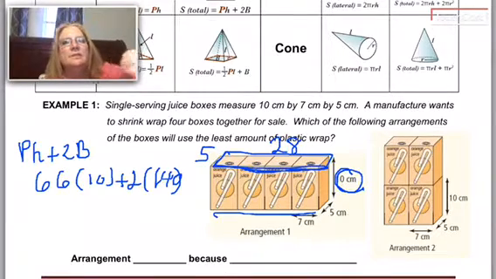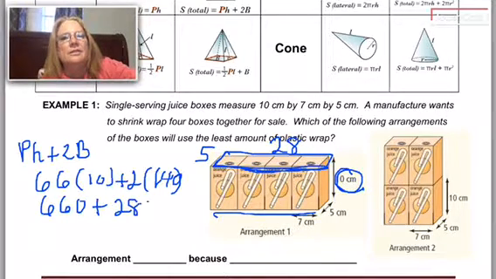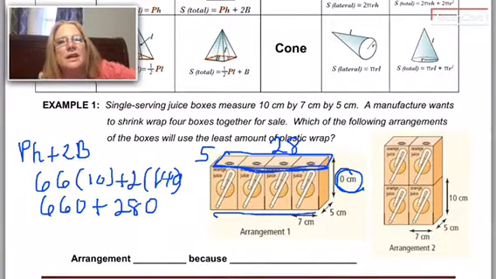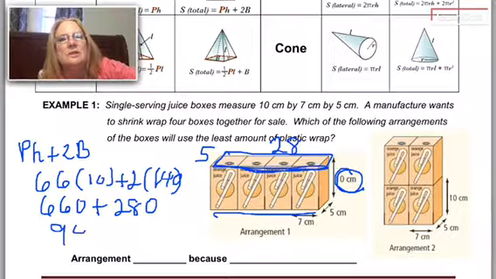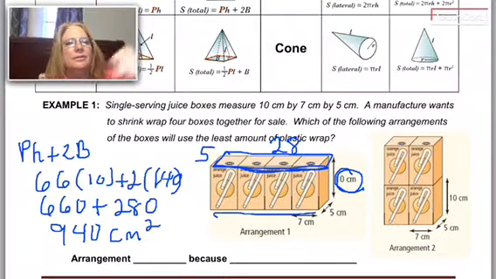If we add this together, we get 660 plus 280, and when you add that, you get 940. So this would be 940 centimeters squared.